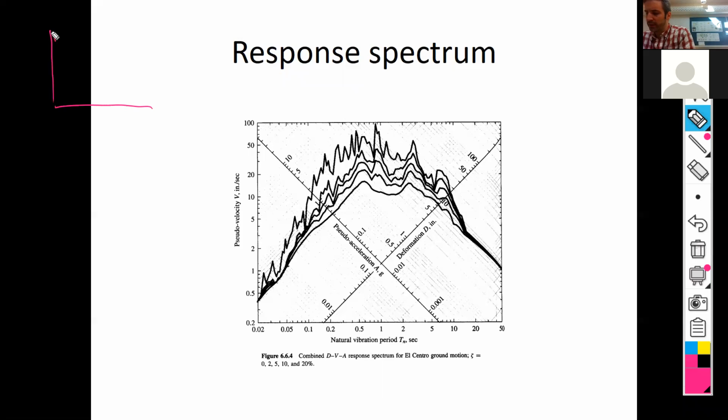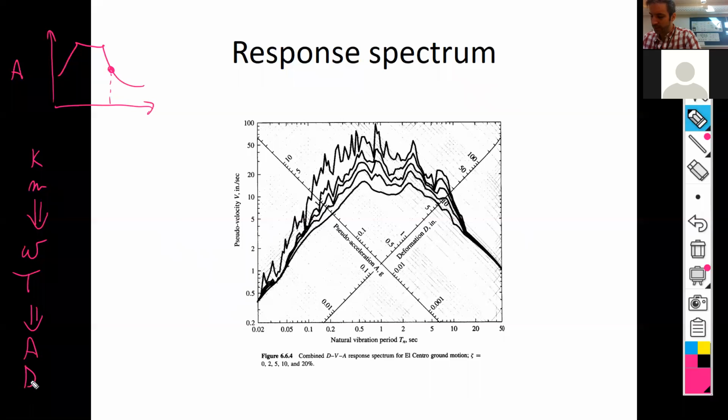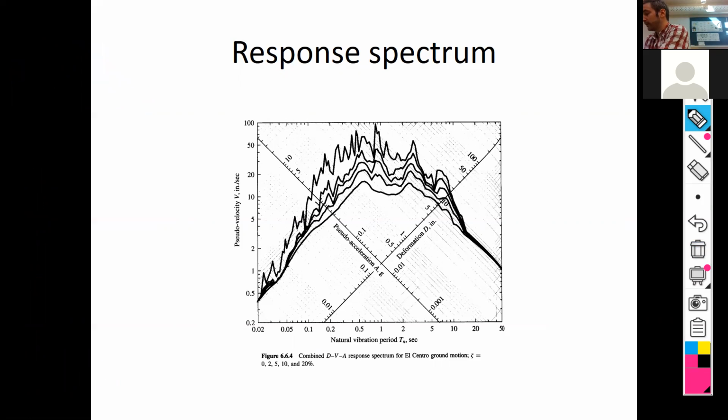Normally, you'll be given some kind of acceleration spectrum and the properties of some structure, and then you just have to calculate the frequencies, the periods, and then look up in the diagram what that means for the acceleration and for the displacement, and from there calculate maybe some bending moment or something like that. It's always something like that.